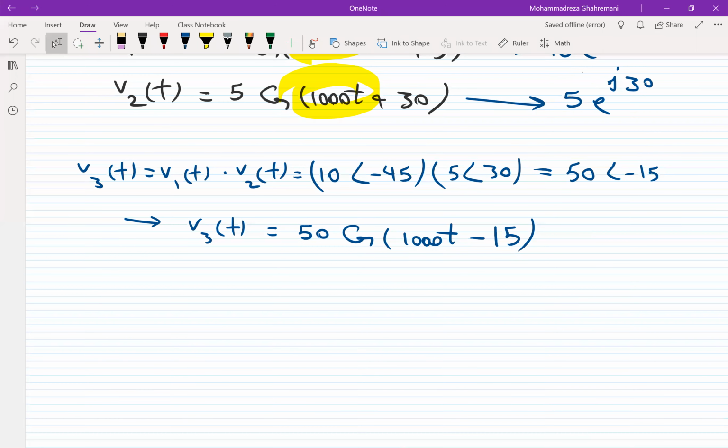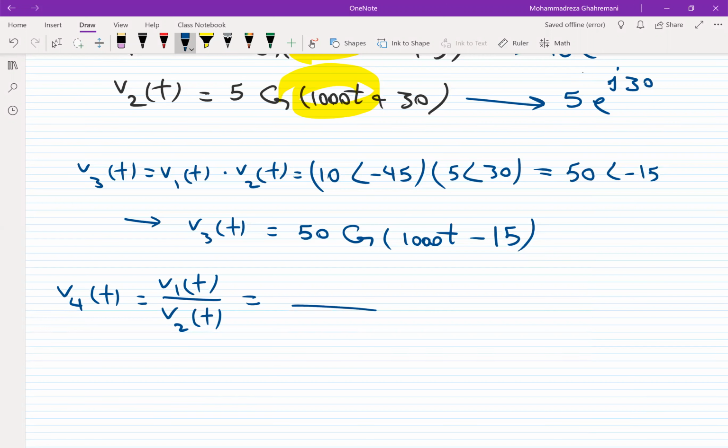Let's just divide those two signals. Let's say V4 of t is equal to V1 of t over V2 of t. V1 of t is 10 with the angle of negative 45. V2 of t is 5 with the angle of 30. So 10 divided by 5 is 2, and negative 45 minus 30 is negative 75.